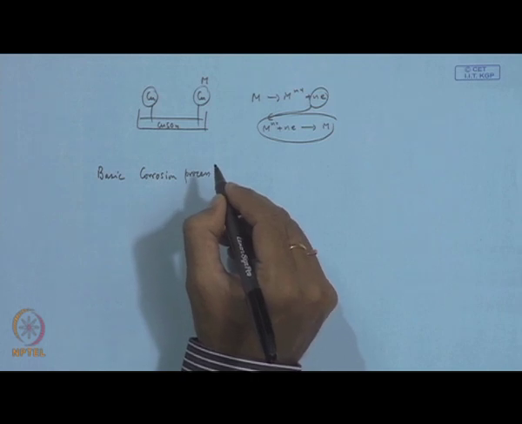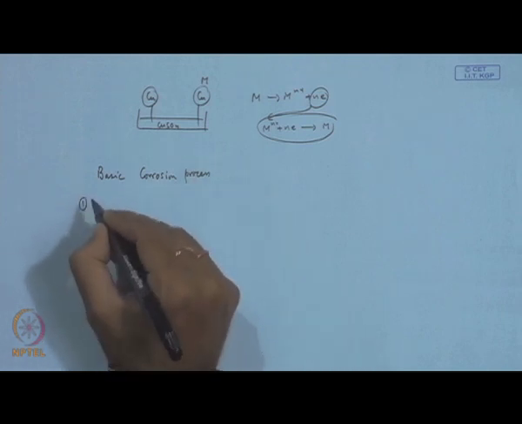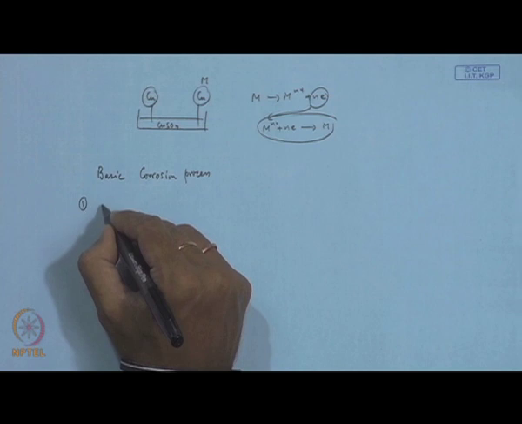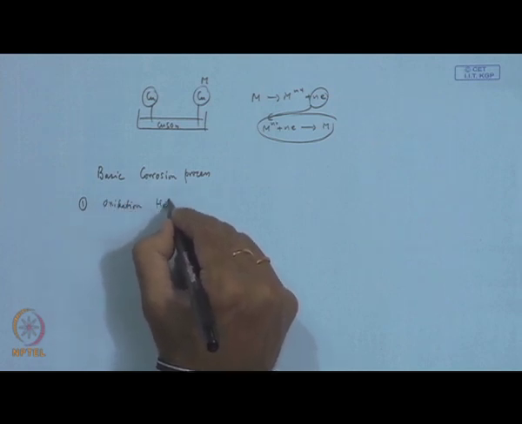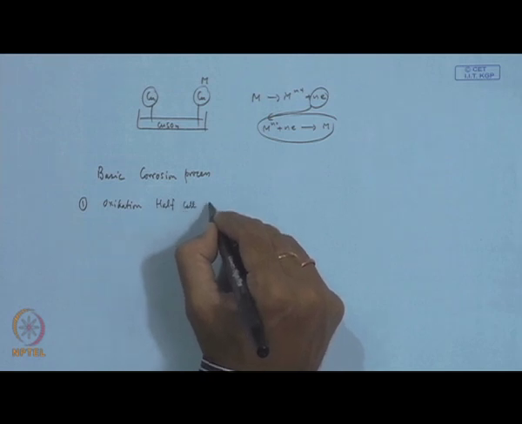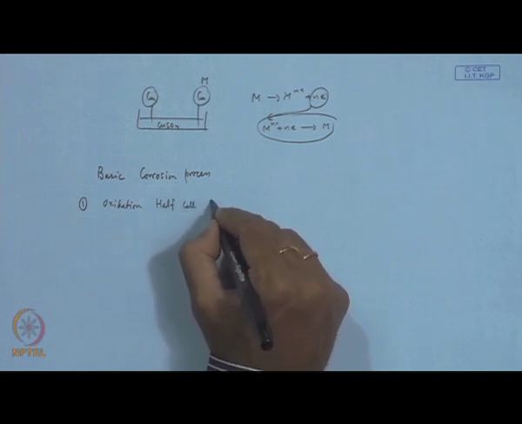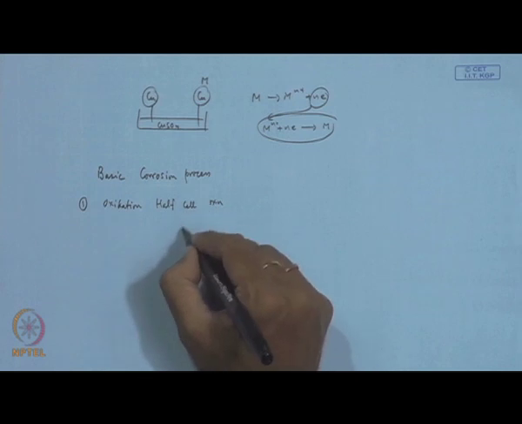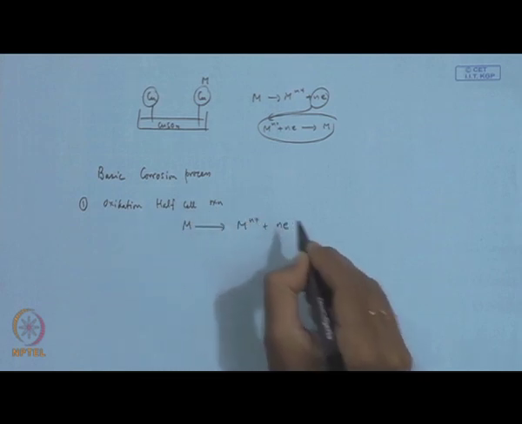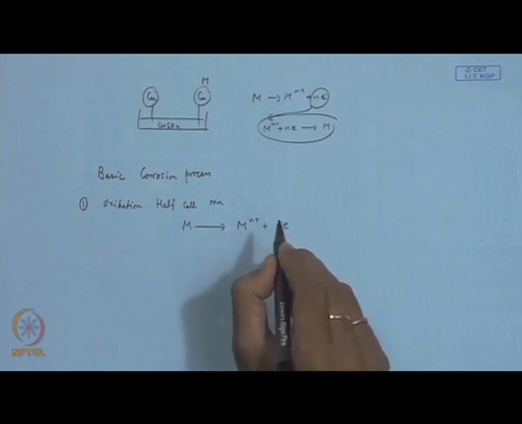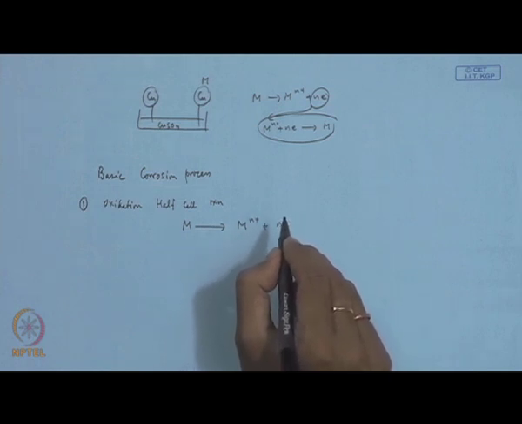The basic corrosion process: the first one is the oxidation half cell reaction. This is basically your metal to metal n plus plus n electron.